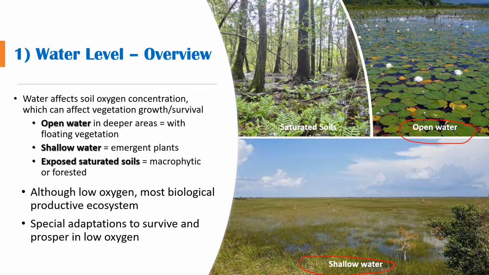And then oftentimes, if we have exposed saturated soil, it allows macrophytic or forested wetlands to persist. And as we know, even though wetlands have such low oxygen, they are actually some of the most biologically productive ecosystems. And these plants have special adaptations to survive and prosper in these environments.